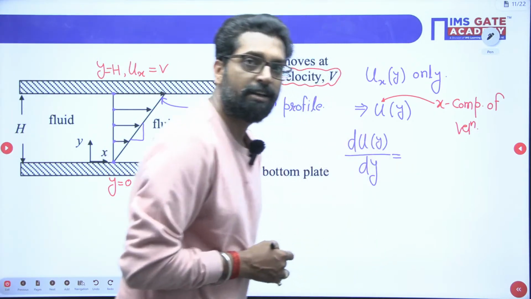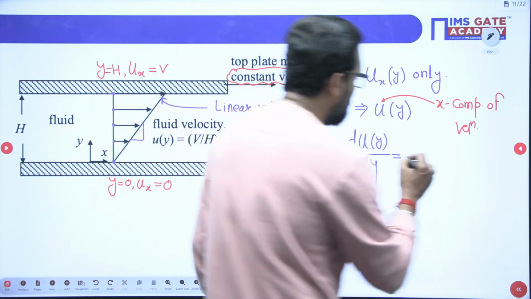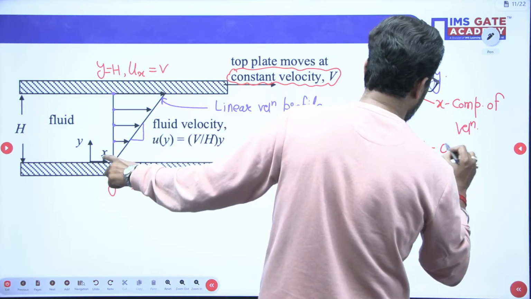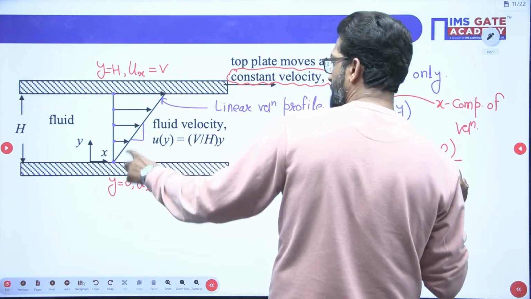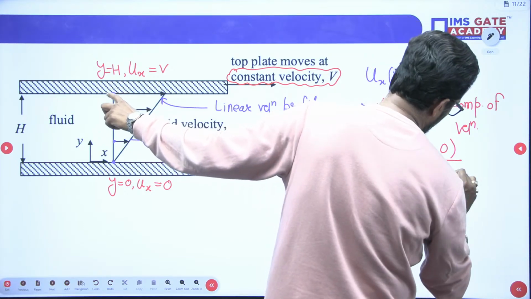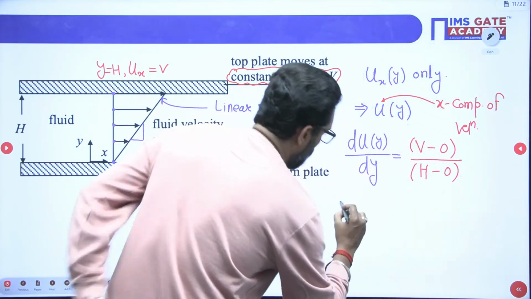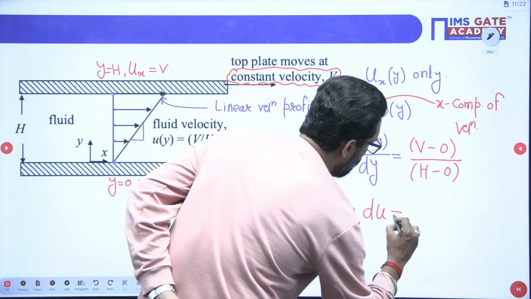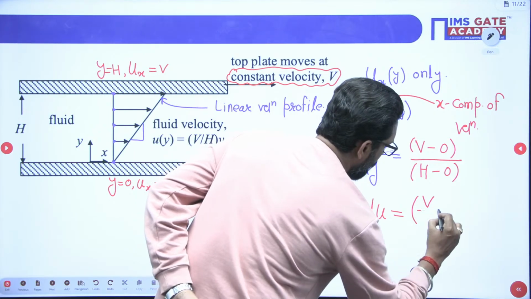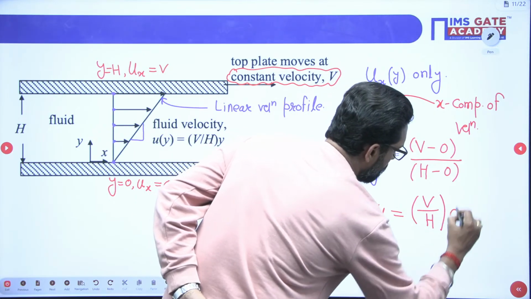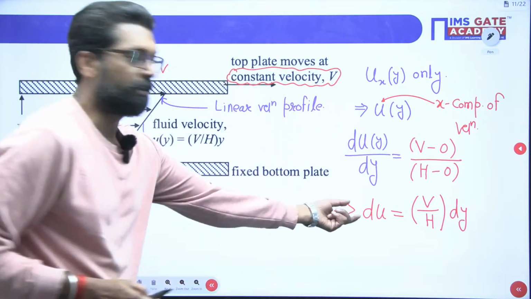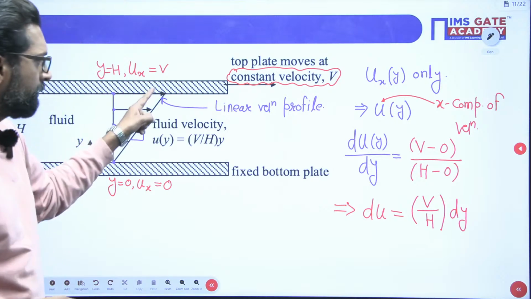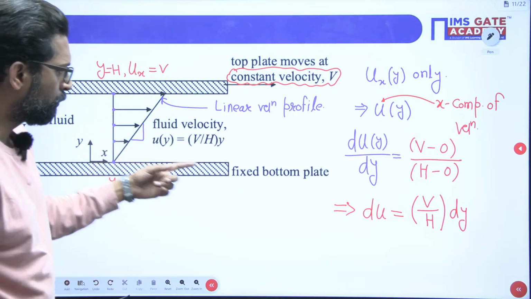That means this is a change, capital V minus 0 divided by capital H minus 0. So this du is V by H into dy. So this is your velocity. If you integrate it from 0 to h, this is your y.